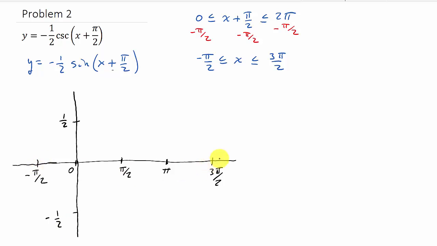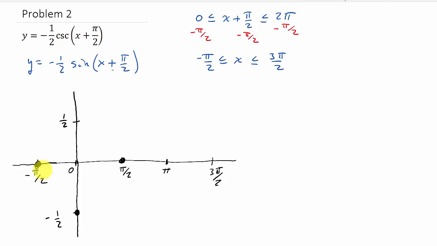If you remember the example problem we did at the very first, remember sine starts out at 0, and then sine goes to its maximum. But look at this, since we have a negative in front, instead of going to its maximum, it's actually going to go down here to its minimum, and then it goes back to 0.